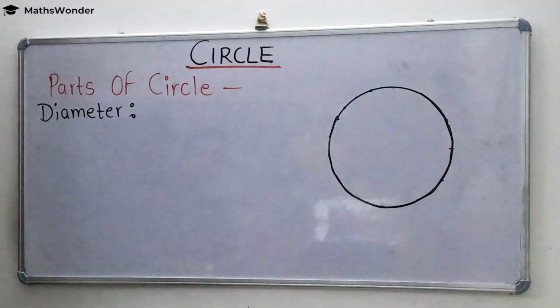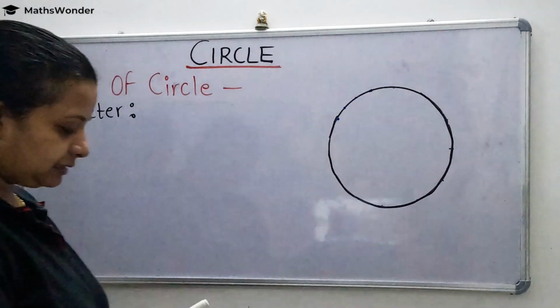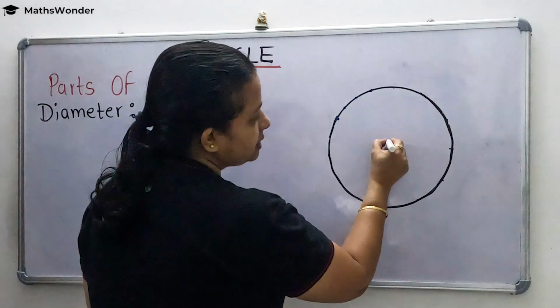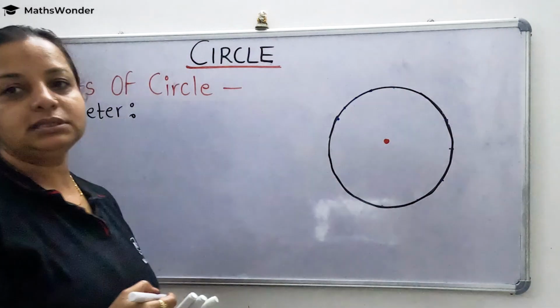So the next part of a circle is the diameter, right? What is the diameter? Suppose this is the center of the circle.